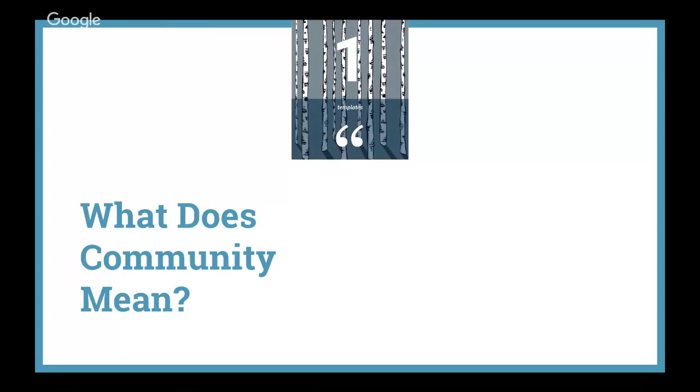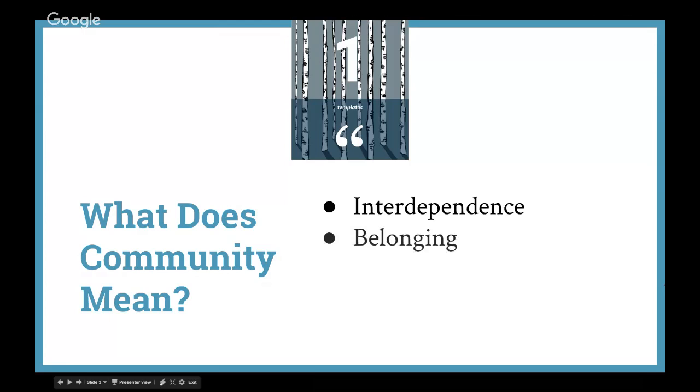So first, this is maybe kind of a 5th grade exercise here, but I wanted to just talk about what community means, so that when we discuss it in a course, we really know what we're trying to achieve. Interdependence. Knowing that I can ask someone for help is really a big part of community. Belonging. Is this where I'm supposed to be? Do I have a sense of membership? It's also shared.